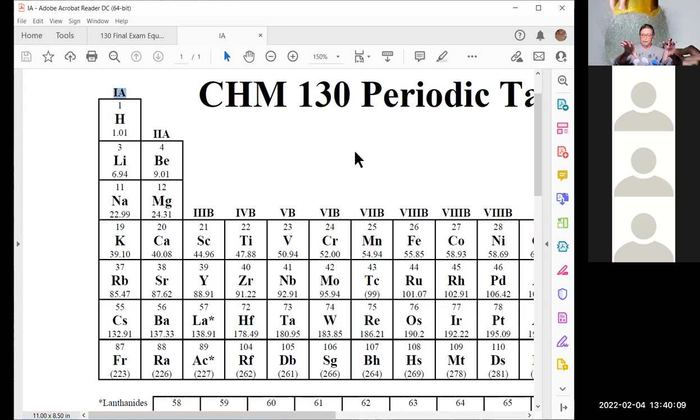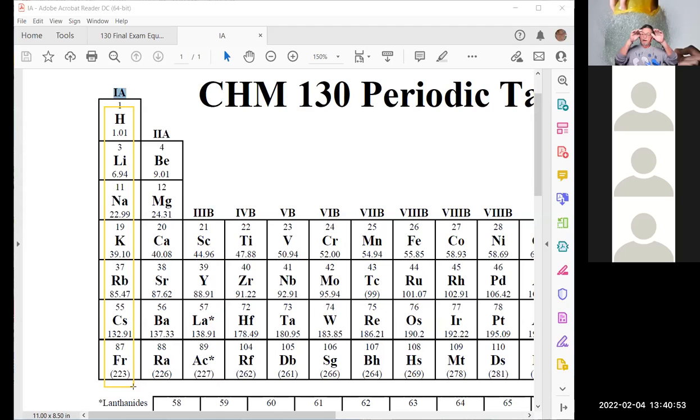This is only true for the A elements. As you go across the periodic table, you have a column number, Roman numeral 1, Roman numeral 2, okay? What that tells you is this: every element in the same column, regardless of what it is, though they have different numbers of total electrons, what they have in common is that they all have one electron in the outermost shell of energy.